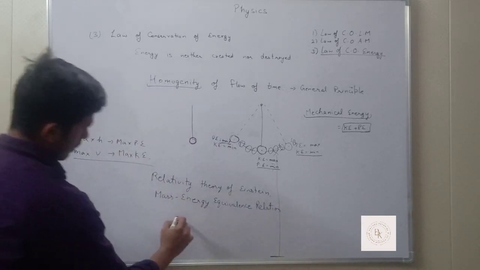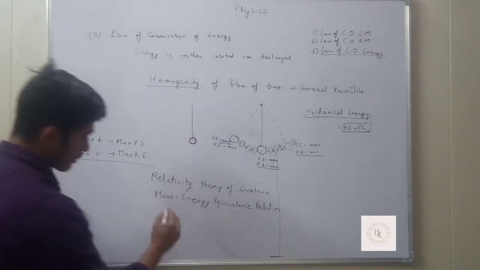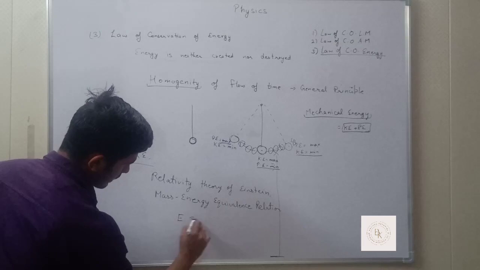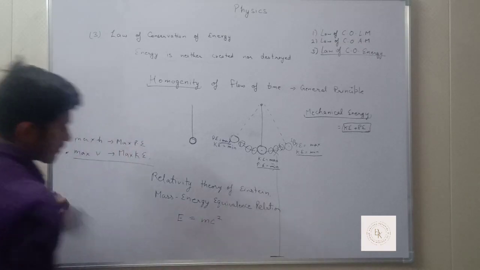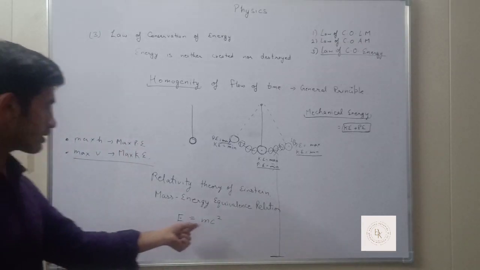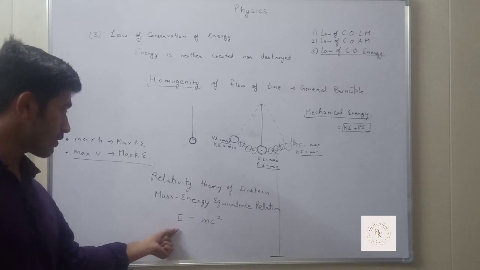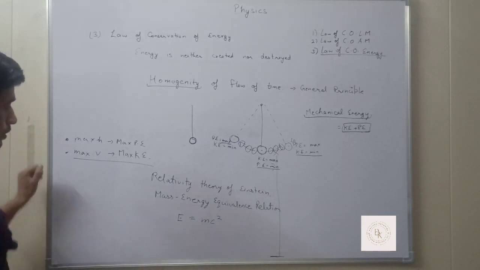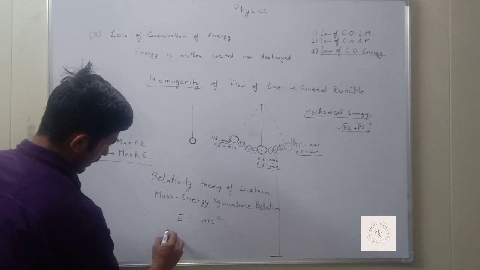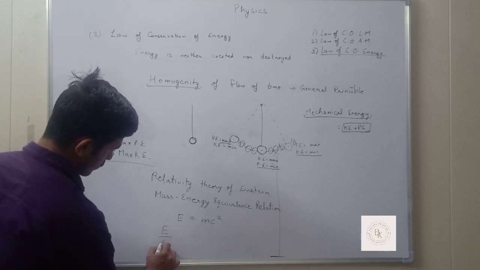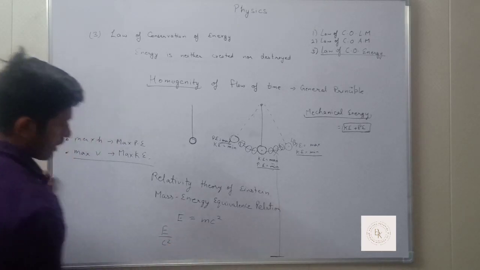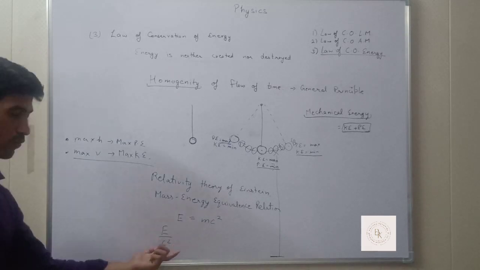So how does this statement go? This statement says that E equals mc squared, meaning energy and mass are interconvertible. If we take E by c squared, by taking c squared to this side, then this is equivalent to mass.